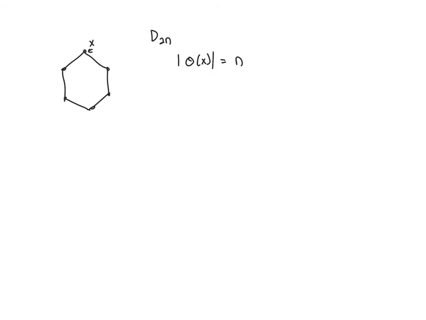On the other hand, what is the size of its stabilizer? Well, there are only 2 symmetries that fix a vertex: the identity symmetry that fixes every single vertex, or the reflection across the axis of symmetry that goes through this vertex. And so the stabilizer always has order 2, and so we see the group has order 2n, like we've already seen before.